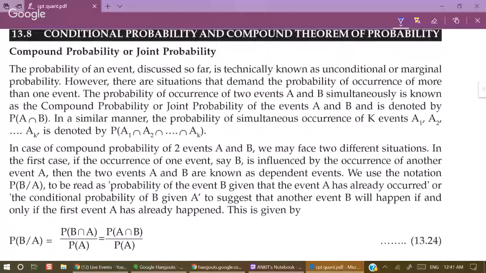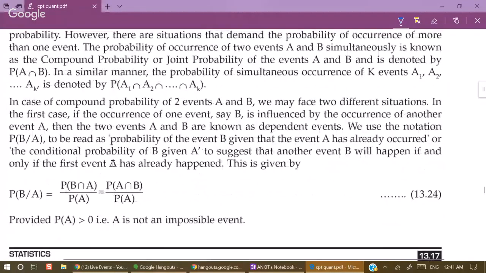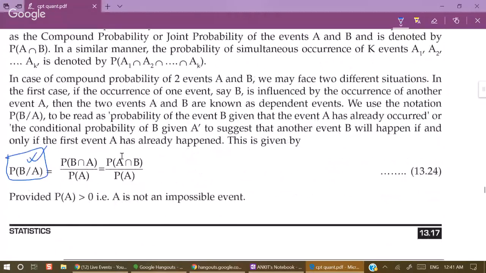In simple terms, this symbol, when we use this notation, it is read as P(B given A), probability of B given A.